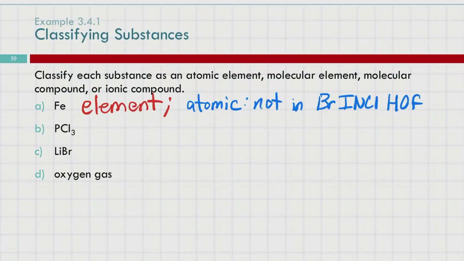All right, next one up. PCl3. Is that an element or a compound? It's a compound. How do we know it's a compound? That's right, we have multiple elements. We've got P, phosphorus. We've got Cl, chlorine. And is that a molecular compound or an ionic compound? It's a molecular compound.